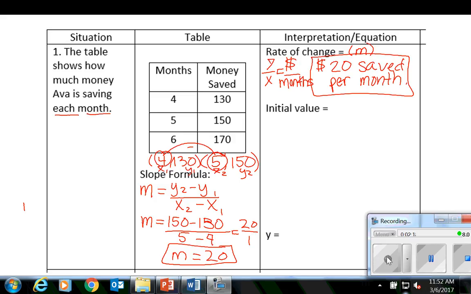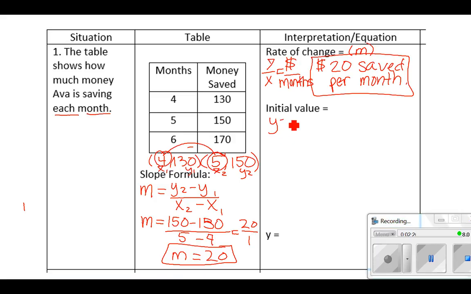Now we're going to look at the initial value. We use a point and the slope to find the initial value, using y equals mx plus b. If I pick an ordered pair, like 4, 130, I can plug that into my y and my x, and I already have the m.